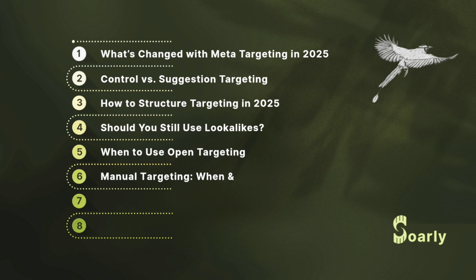On to manual targeting. When and why should you use this? If you still want full control, you can switch to manual mode in Advantage Plus and define hard boundaries, setting limits. But just as a warning, Meta will decrease your campaign score and performance usually drops unless you have a really good reason to set it up manually.